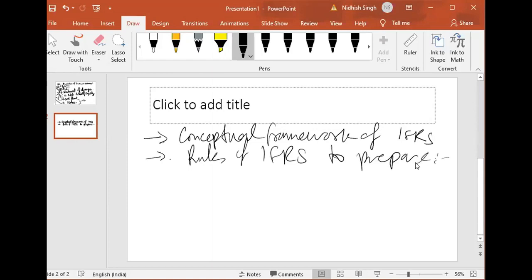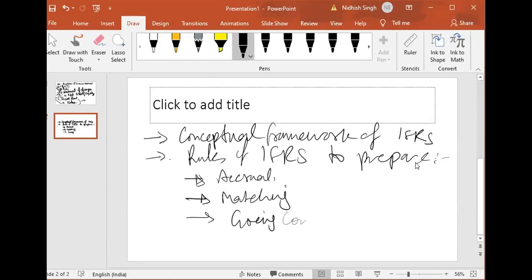Now it seems, what are those rules then? Accrual concept, matching concept, going concern, prudence, and we'll keep adding more rather than just making the list.